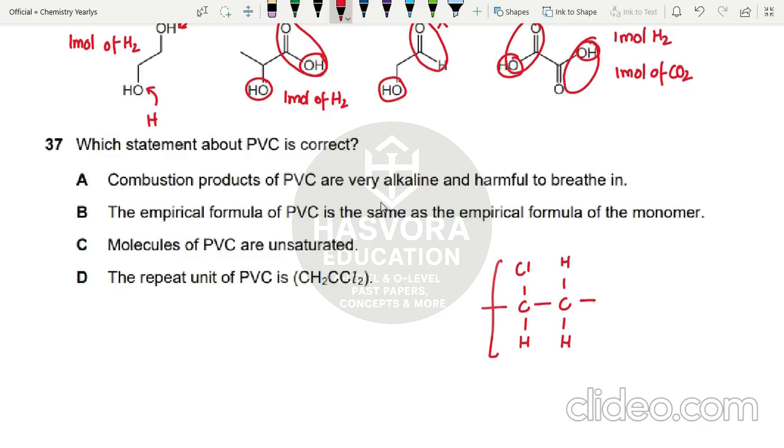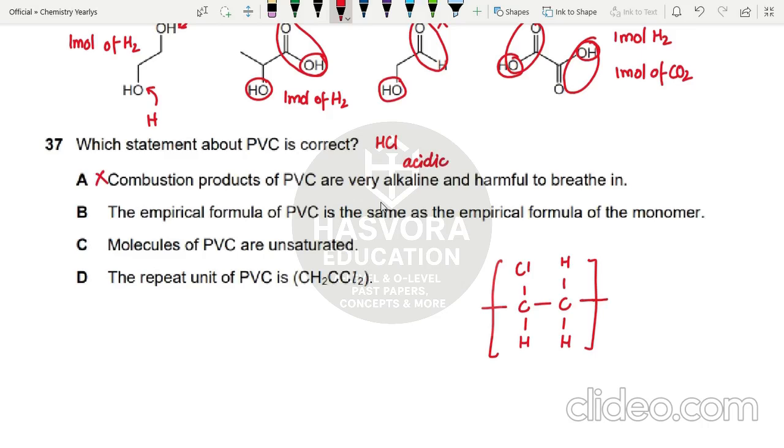So this is how the polymer of PVC looks like. Now, combustion products of PVC are very alkaline and harmful to breathe. So this is incorrect, because when you combust it, it produces HCl, which is very acidic, and indeed it is harmful to breathe in. But this will be incorrect because it is acidic, not alkaline.